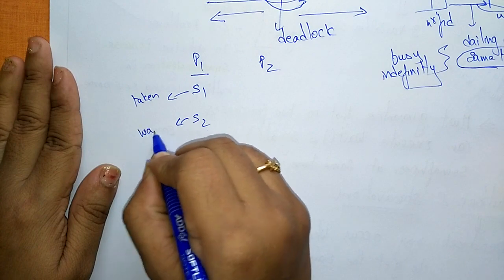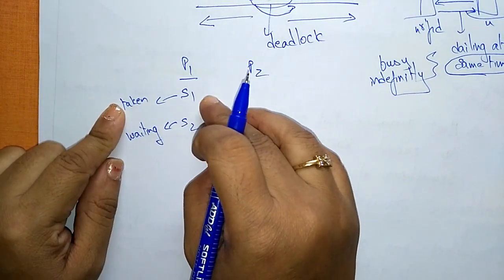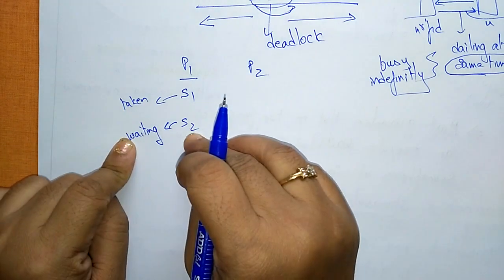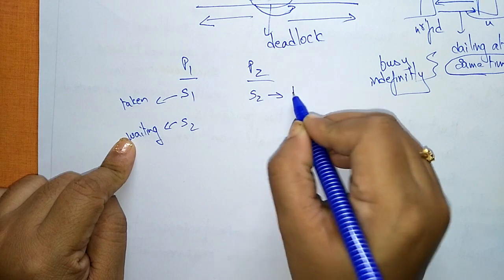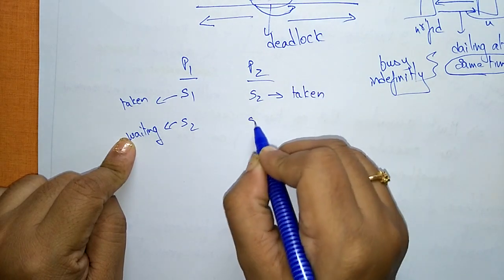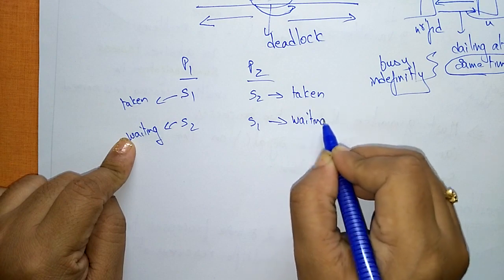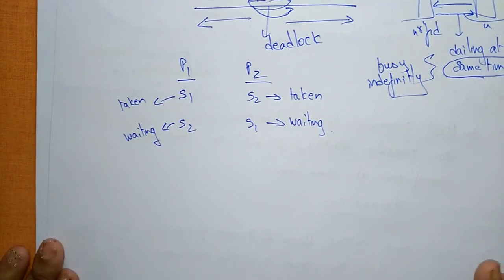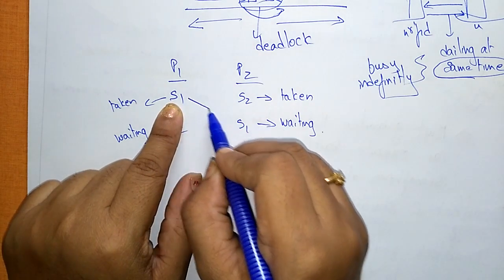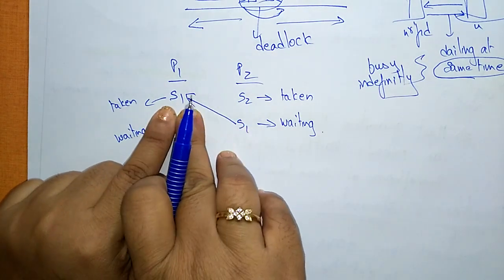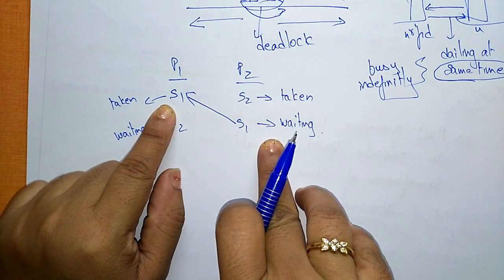And P2 has taken S2 and is waiting for S1. So this condition is a deadlock, because until P1 releases, P2 won't take it. Whenever P1 releases S1, then P2 will take that S1.